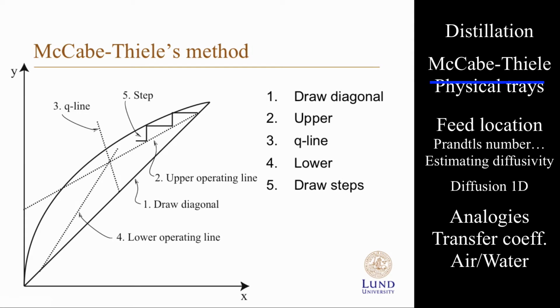How far can you separate? But that's a much more difficult question. There is actually a separate podcast on the issue of what happens in a real distillation column when you change operating conditions. But that's rather advanced when compared to the rest of this course.